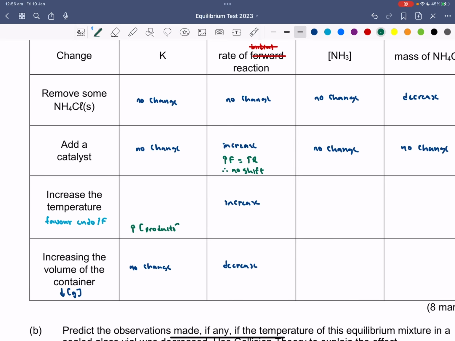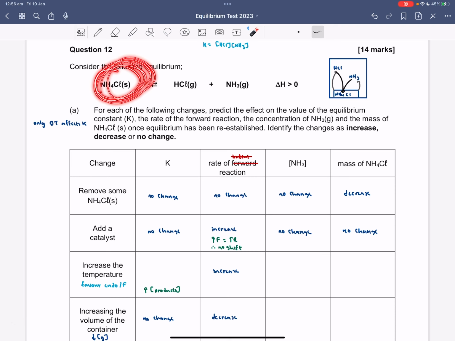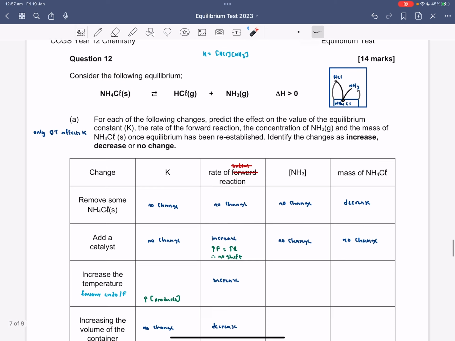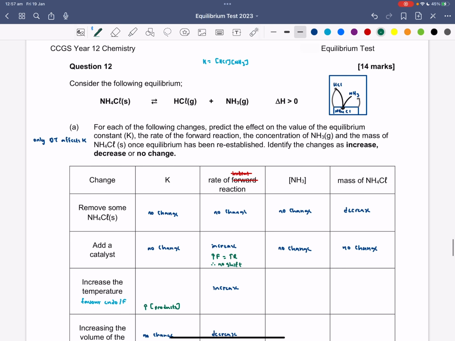I was going to say we decrease the concentration of reactants, but there are no reactants, there's no concentration of reactants, because remember, it's not even part of the K constant. So we favored the forward reaction, which means the concentration of HCl and the concentration of NH3 will both increase. And if the concentration of HCl and NH3 both increase, it means that the K value will increase. So it is a change in temperature that will cause an increase in the K value.